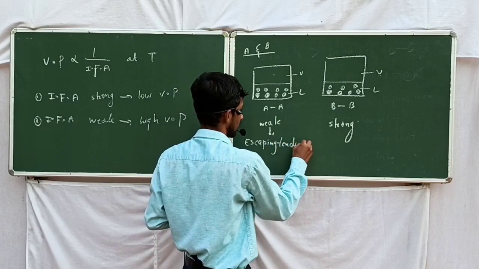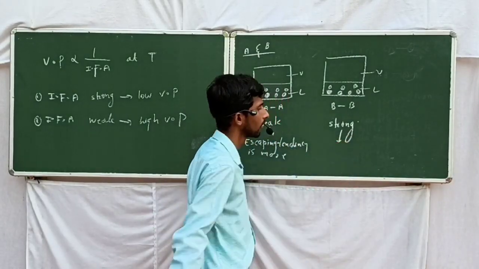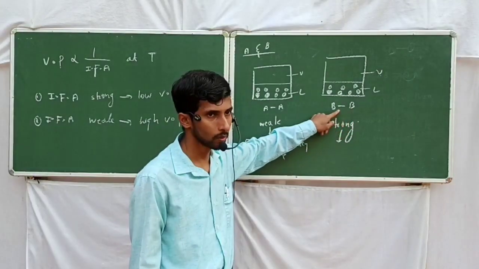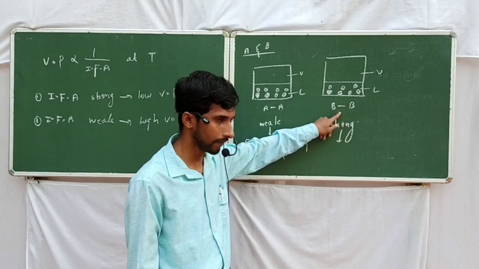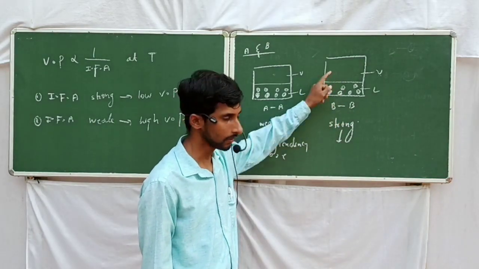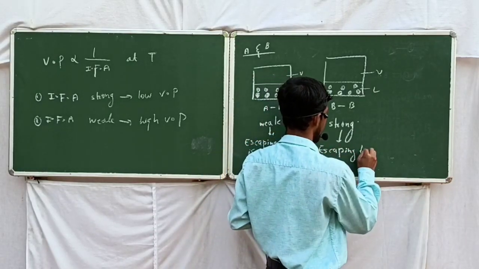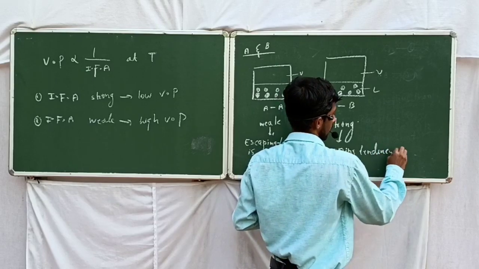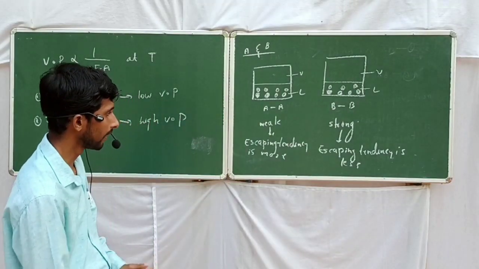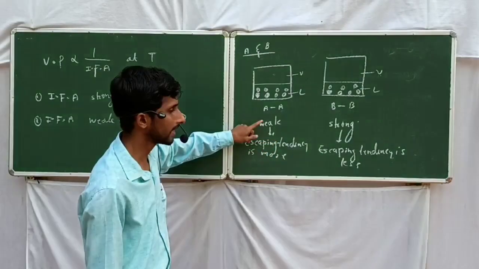If the intermolecular force of attraction between molecules is very strong, then in order to overcome the force of attraction it is very difficult, and fewer molecules will escape to the vapor phase. So escaping tendency is here less.